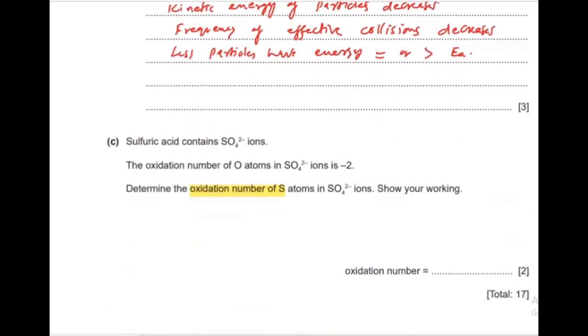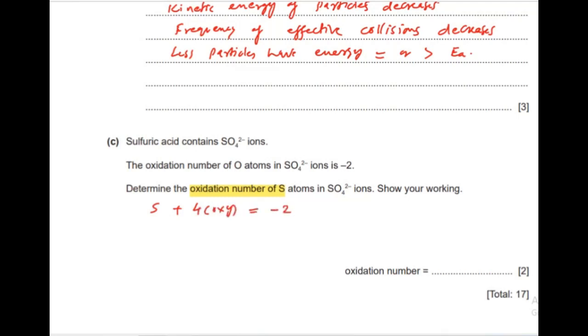Now, this question is regarding oxidation number. This is an ion, so the sum of the oxidation states of sulfur and oxygen will not be equal to 0. It will be equal to -2. There is 1 sulfur and 4 oxygen.